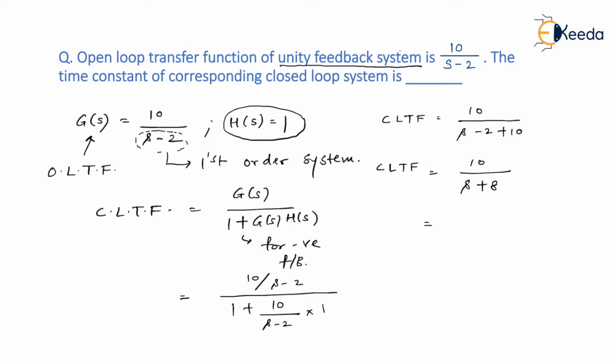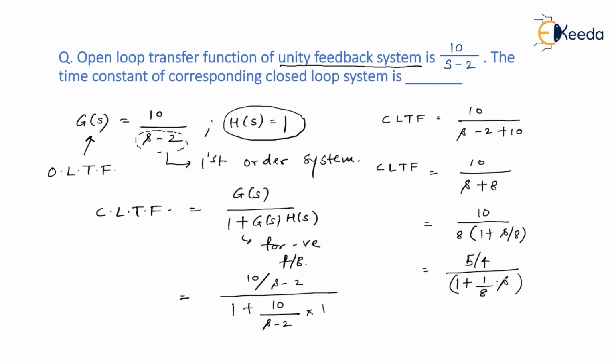So what I'll do is I'll take 8 common from the denominator. What remains inside? 1 plus s upon 8, and what we have in the numerator is 10. So it is nothing but 10 by 8 in the numerator, or I can write this as 5 by 4 divided by 1 plus 1 upon 8 times s.